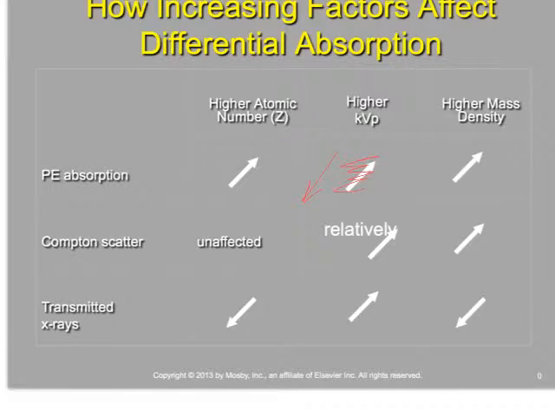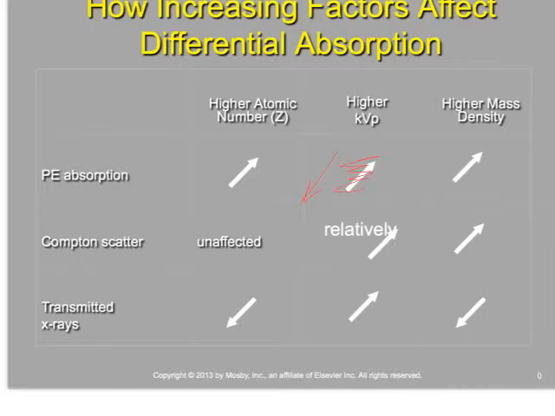Compton scatter doesn't care about Z number, right? It's just coming straight out of Compton. As KVP increases, we will see the Compton scatter increase. As the mass density of the patient increases, we will also see Compton effect increase.